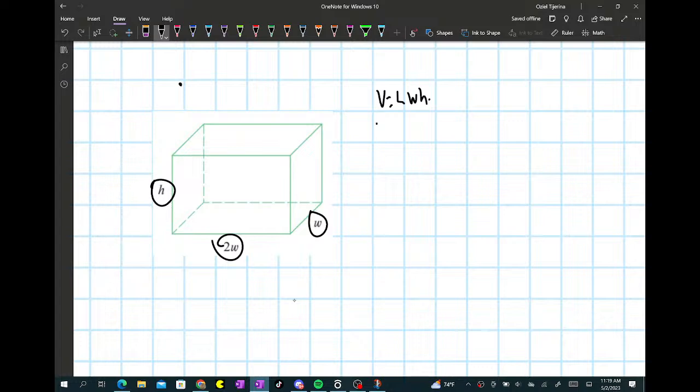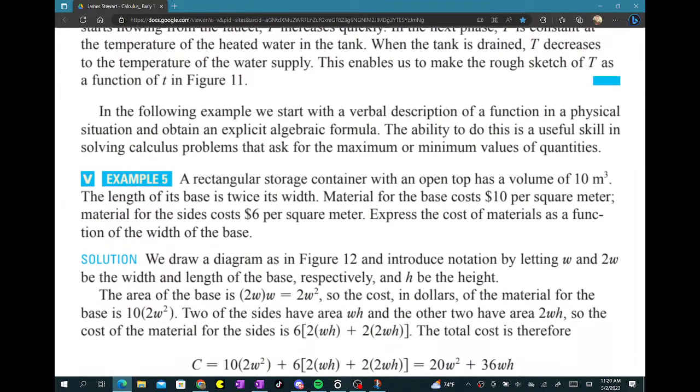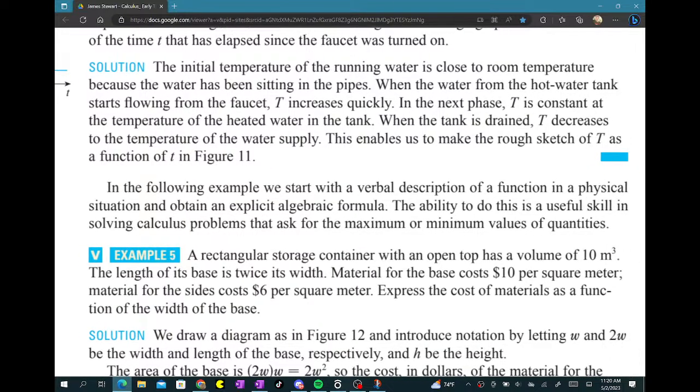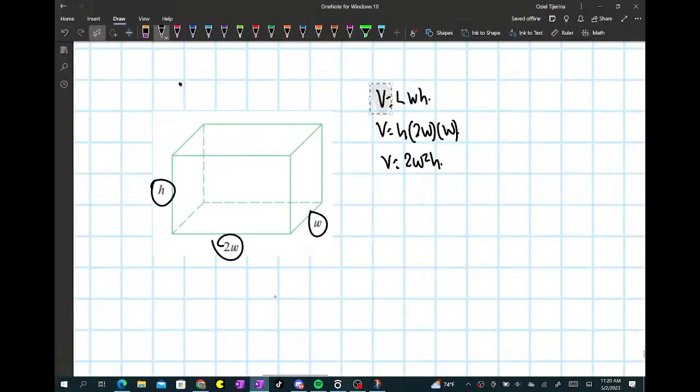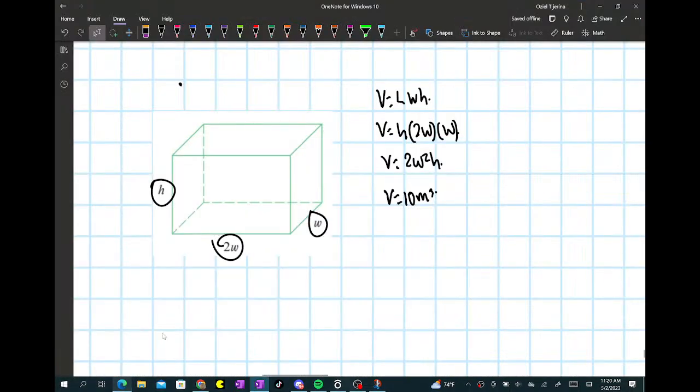So V equals H times 2W times W. This is V equals 2W squared H, using laws of exponents. Then it says it has an open top and a volume of 10 meters cubed. So we know the volume, V equals 10 meters cubed. Then it says the length of its base is twice the width.